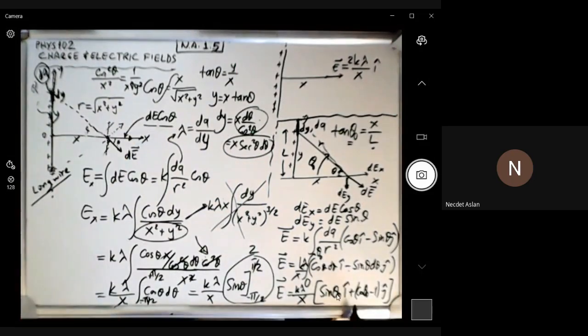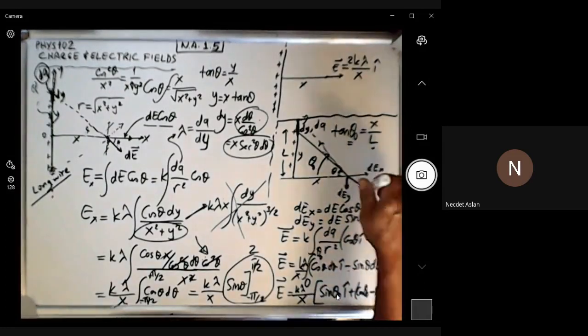But for our case now, the electric field is going to have two components. Since cosine theta is always less than 1, and there is a minus 1 there, the y component is always going to be negative.